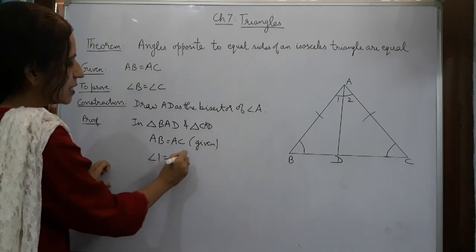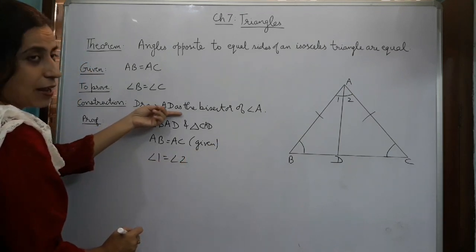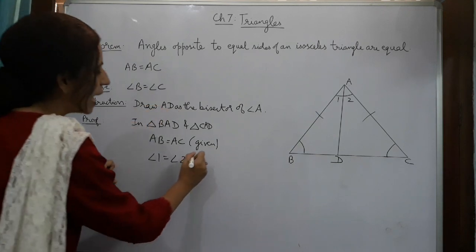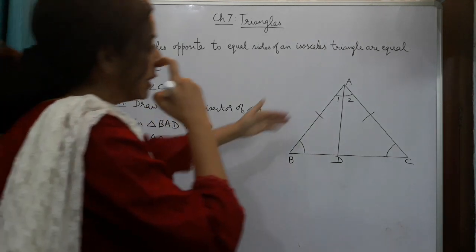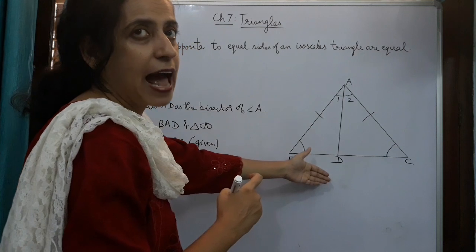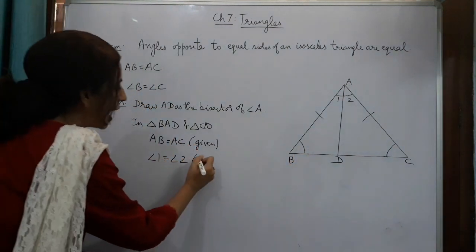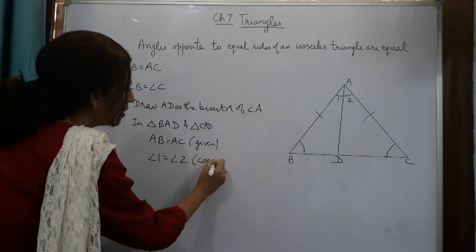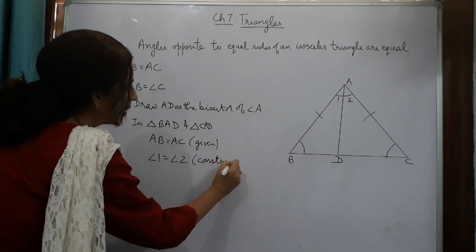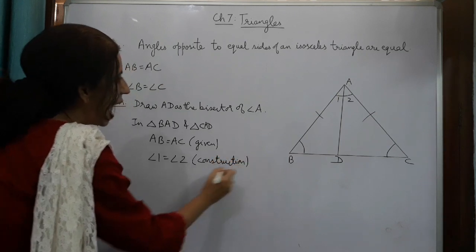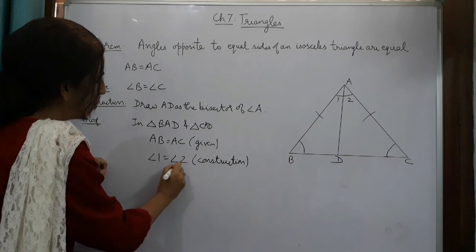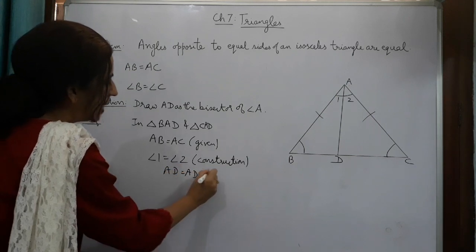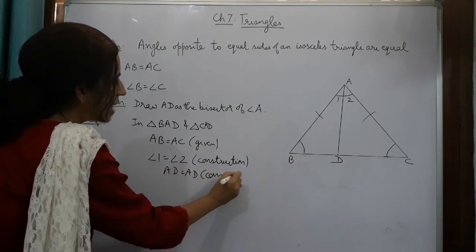Angle 1 is equal to angle 2. Why? Because this is the construction which we have drawn. We have drawn the bisector of angle A. So over here angle 1 is equal to angle 2 by the construction. And AD is equal to AD as it is the common side.